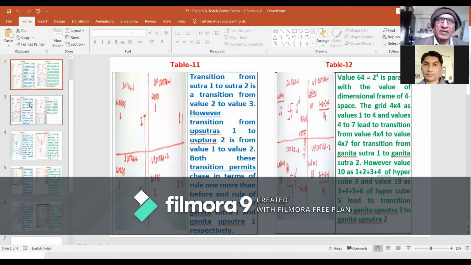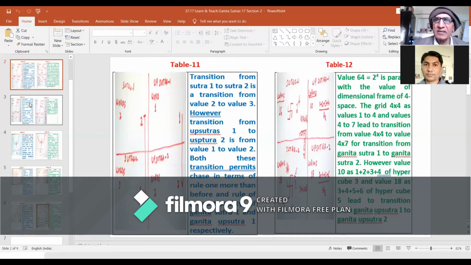Therefore, here in table 11, we are at first instance having focus upon the number of words of these quadruple hymns. The Ganita Sutra 1 text is a composition of 2 words. Ganita Sutra 2 text is a composition of 3 words.